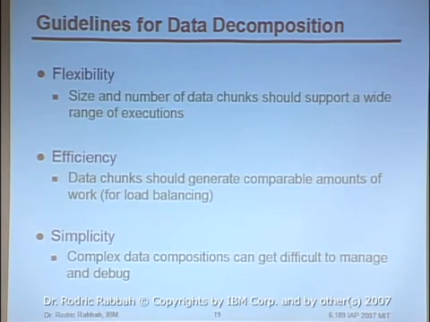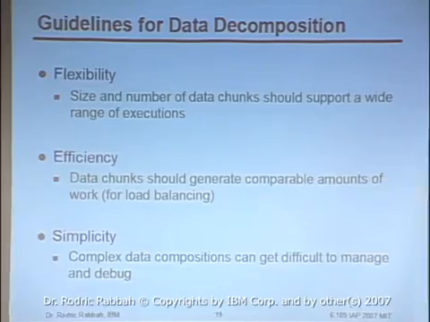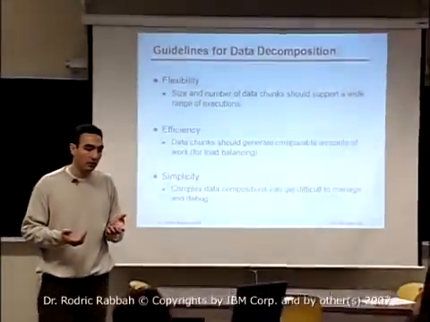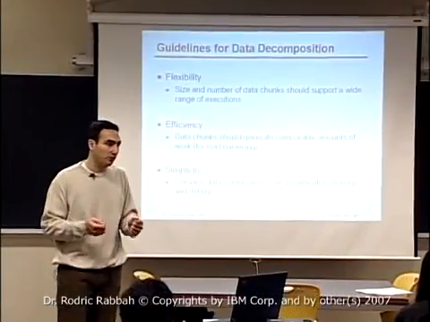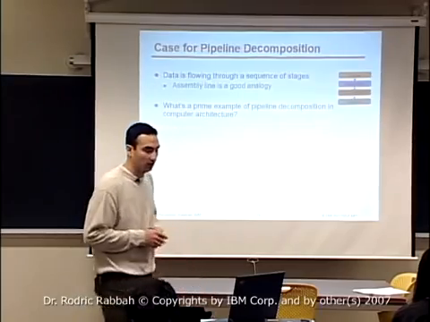And simplicity, for the same reason that task decomposition can get out of hand, data decomposition can get out of hand. You don't want data moving around throughout, and that becomes, again, hard to debug or manage or make changes and track dependencies.